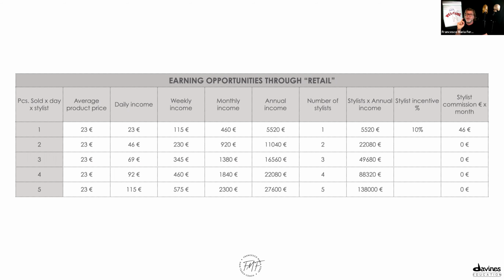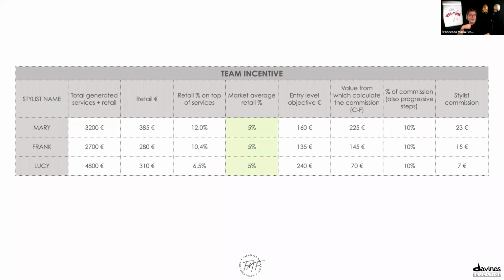So I'm going to show you something more. The next example is providing us another story. Here we have 3 names, as you can see in the left column: Mary, Frank, and Lucy.